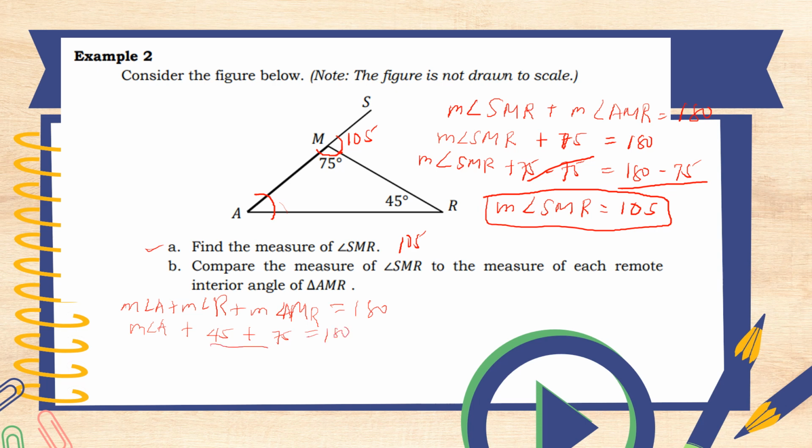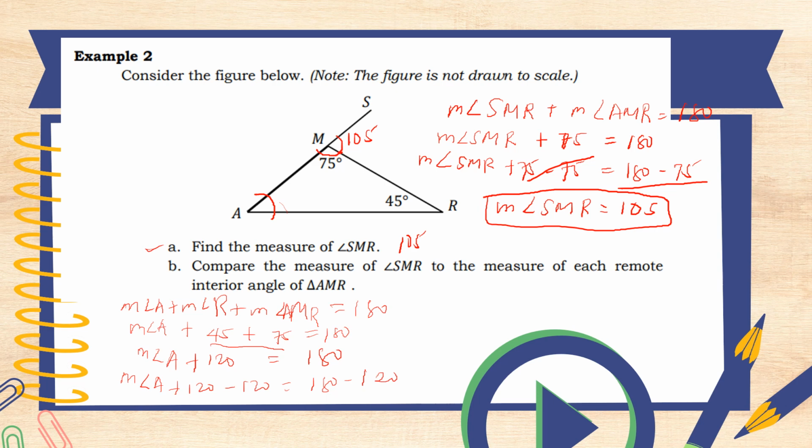Let's simplify 75 plus 45. The measure of angle A plus 120 is equal to 180. Using the subtraction property of equality, we will subtract 120 on both sides. 180 minus 120.